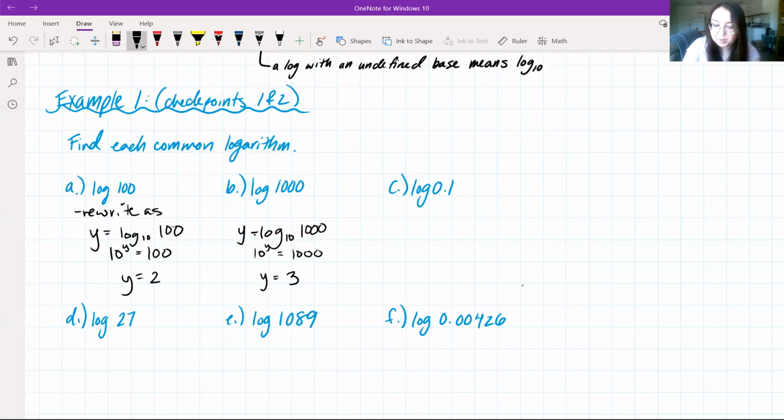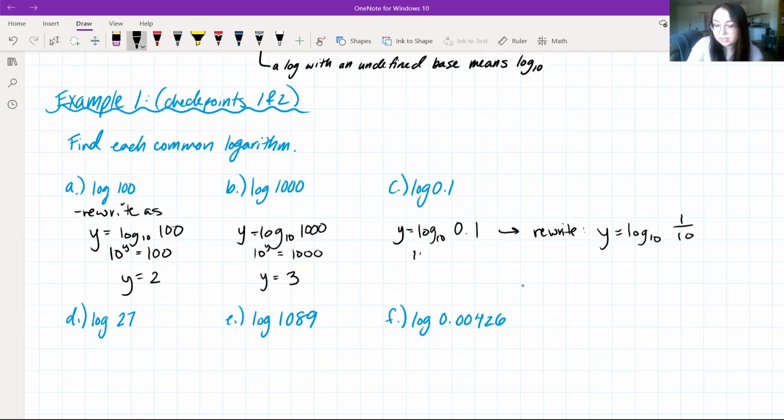All right, and part C here, so we'll rewrite this. y is equal to log base 10 of 0.1. So now we have a decimal here. But we know that 0.1, we can rewrite this as y is equal to log base 10, and 0.1 is the same thing as saying 1 over 10.